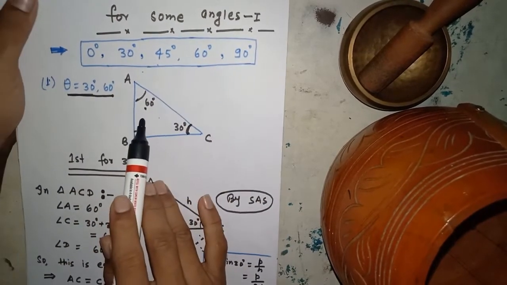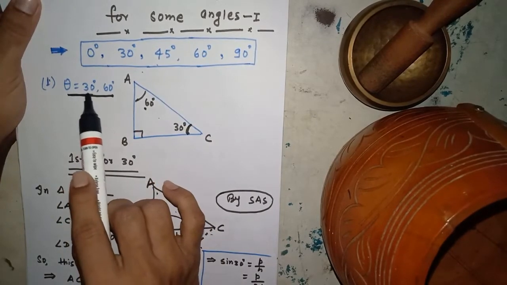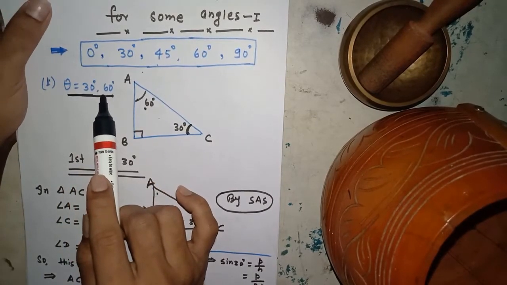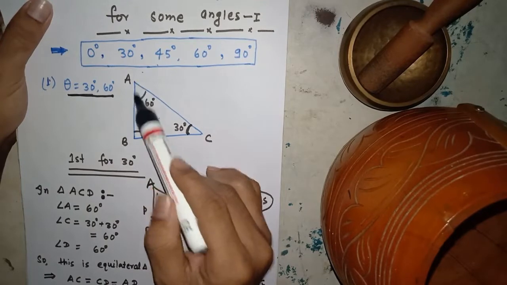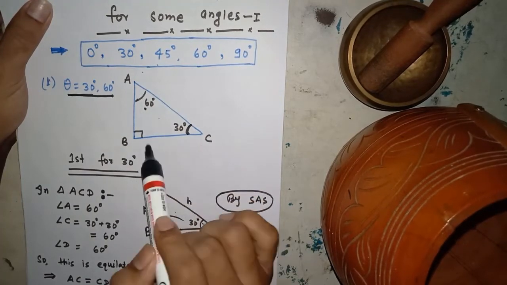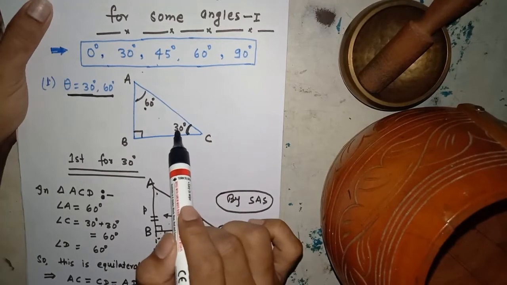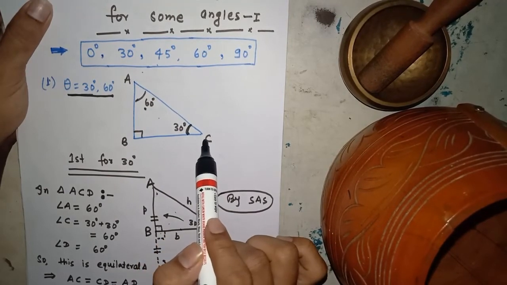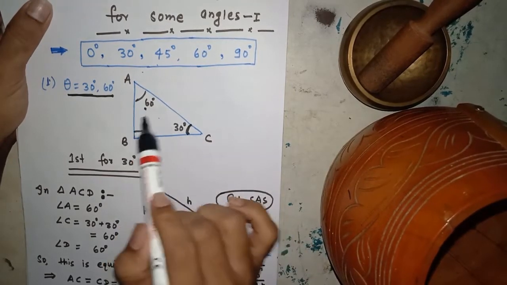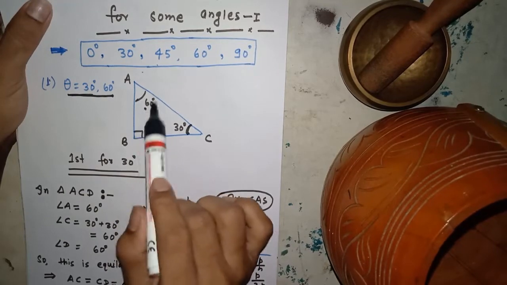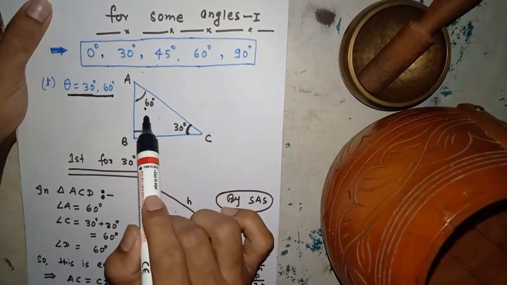So I am taking here the angles 30 degree and 60 degree. I am taking a right angle triangle ABC, right angle at B, and I take an angle of 30 degree for angle C. So automatically this angle must be 60 degree. Yes or not?